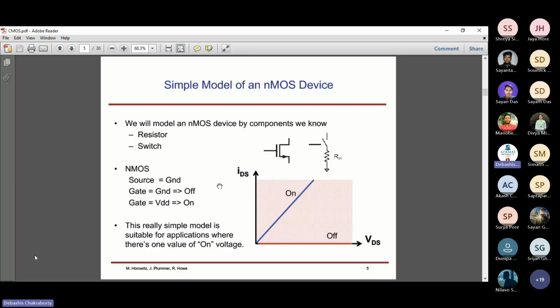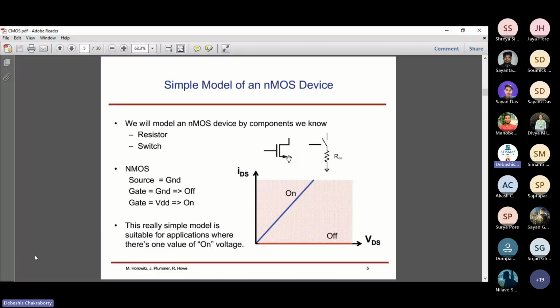In that case, the device is off, right? And when the gate is connected to some high voltage, like VDD, plus 5 volt, meaning we apply an electrical signal to the gate terminal, the device is on.